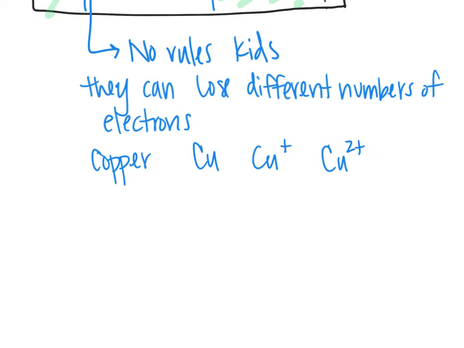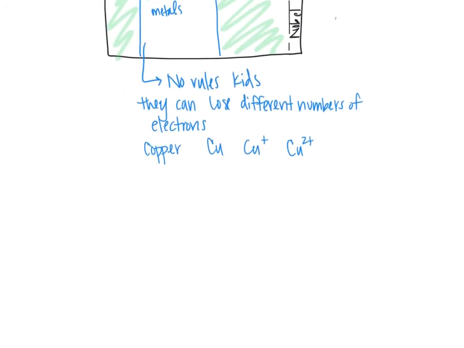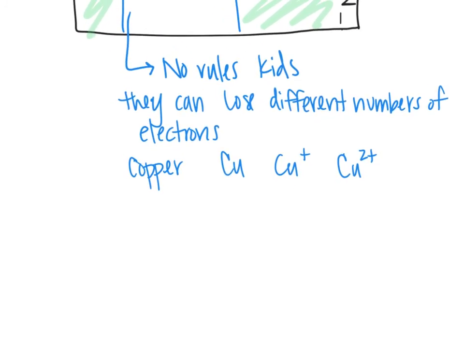In this case, copper could be either +1 or +2. When we think about the transition metals, this information can be provided for us. You can write it out as copper, open parentheses, Roman numeral 1. This tells you that we have a copper with a +1 charge on it.